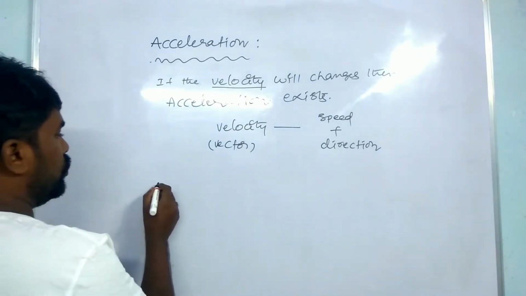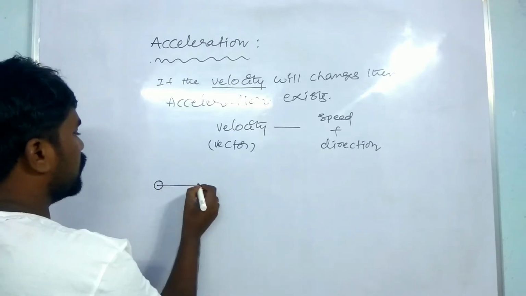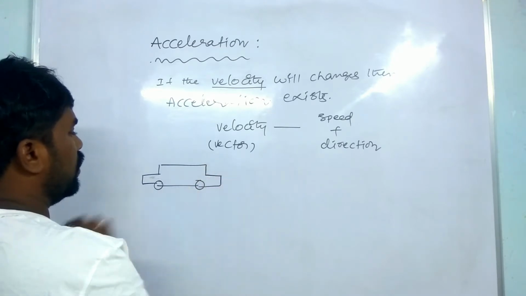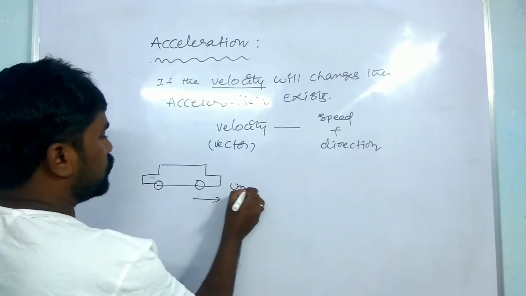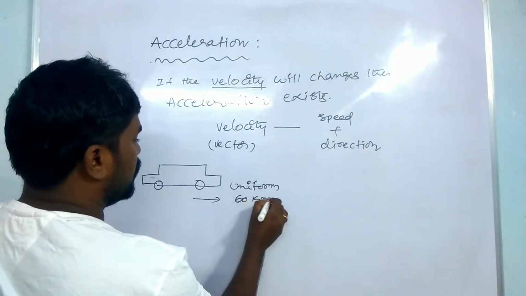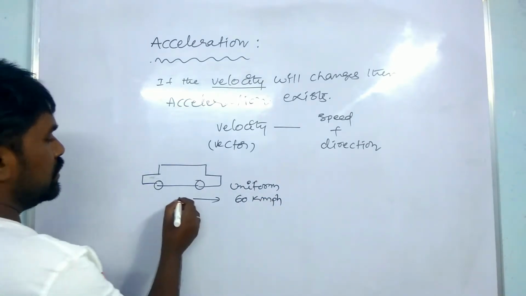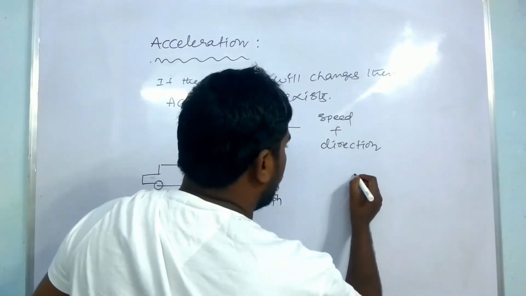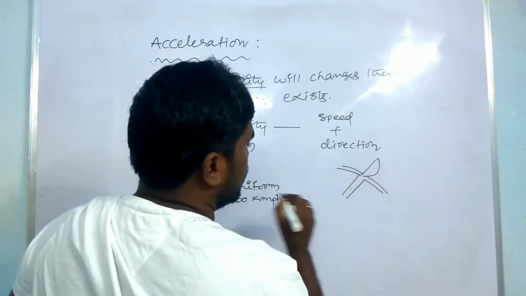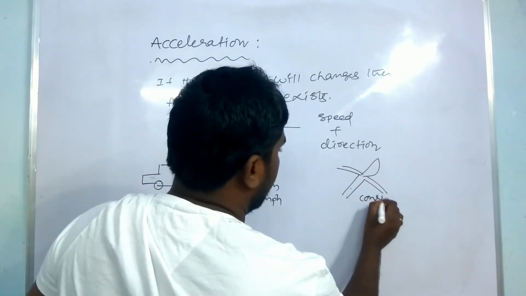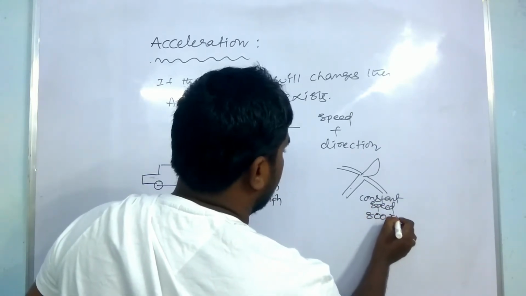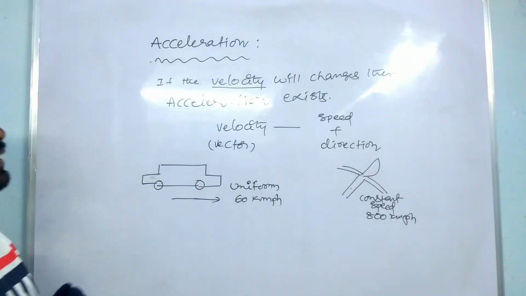For example, if you are traveling in a car with a uniform speed, that is 60 kmph, and if you are in a flight with a constant speed of 800 kmph, is there any acceleration?